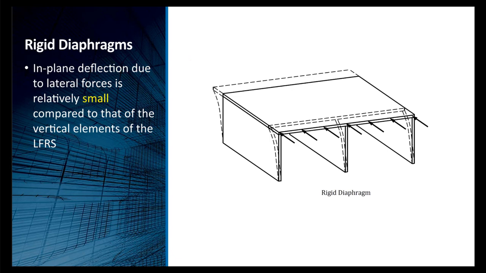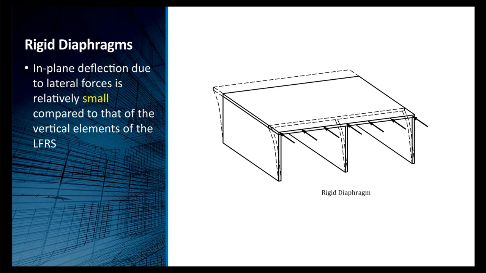So we'll start with the rigid diaphragm, and this graphic here shows you exactly what we're trying to achieve with this diaphragm. In general, the in-plane deflection of the diaphragm itself is going to be relatively small compared to that of the overall vertical elements of the lateral force resisting system.